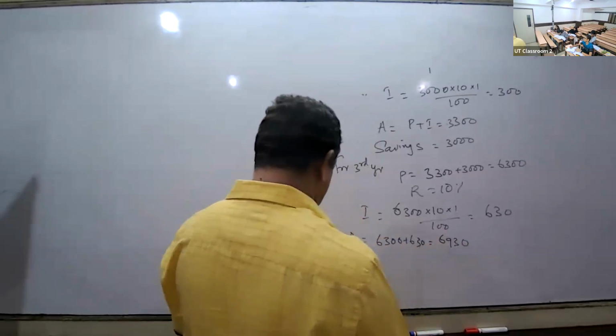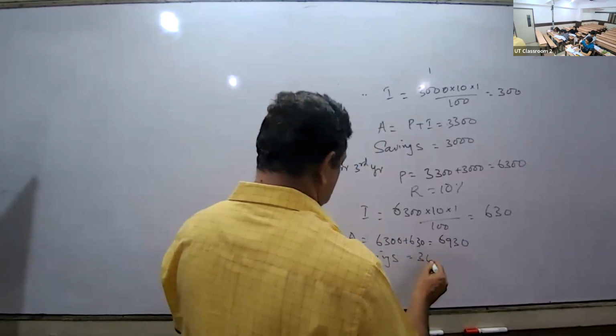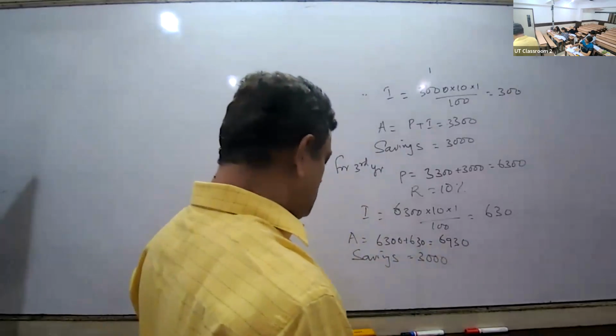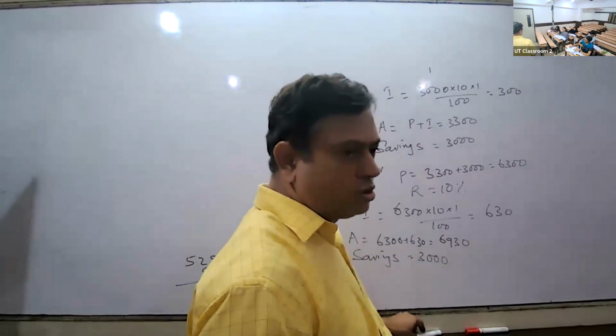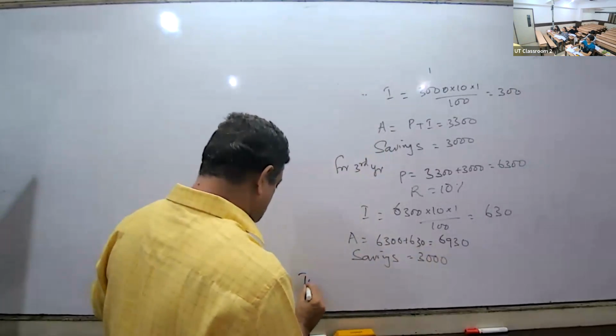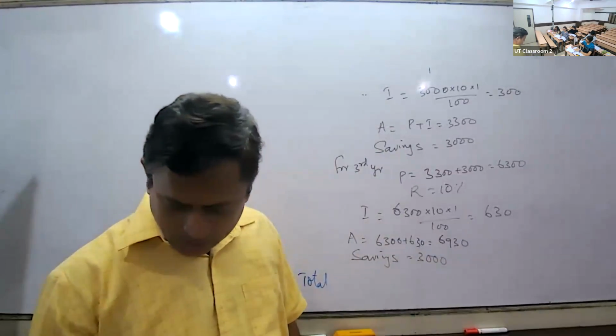All of you, savings of 3,000 is every year now. Therefore, how much do you save throughout? At the end of third year, how much did you pay?